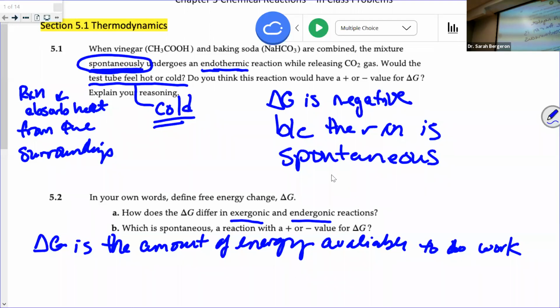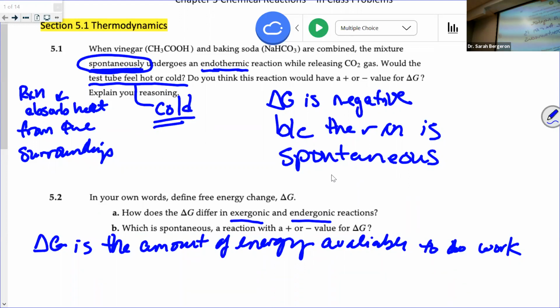Well, you can have an exothermic reaction that's spontaneous. Absolutely. Whether it absorbs or releases heat does not determine spontaneity. So try to keep those terms separate. I know that they sound really similar, but you have to be careful.